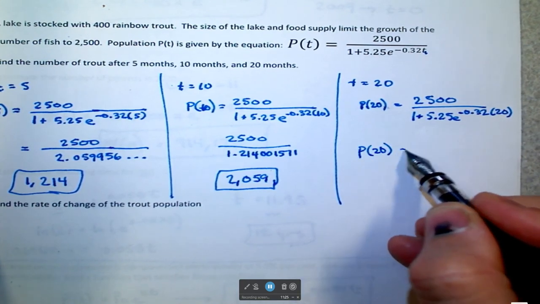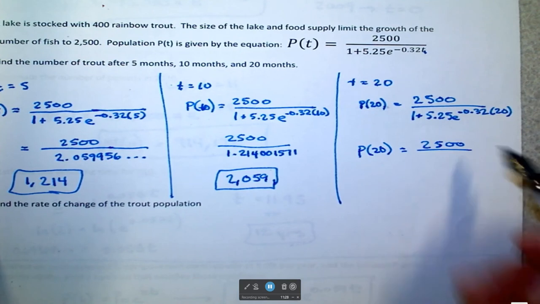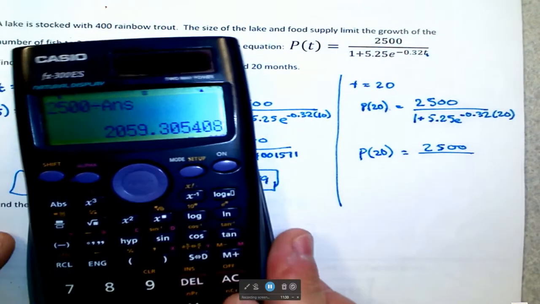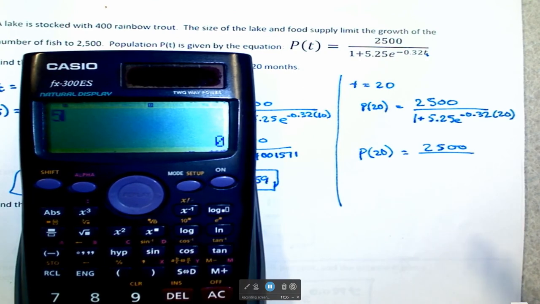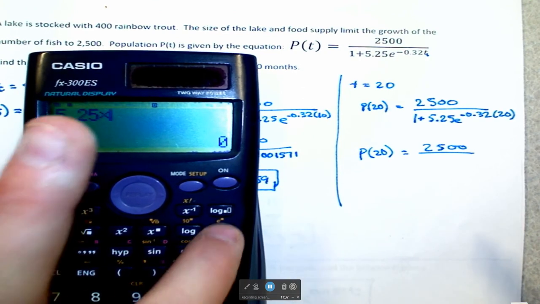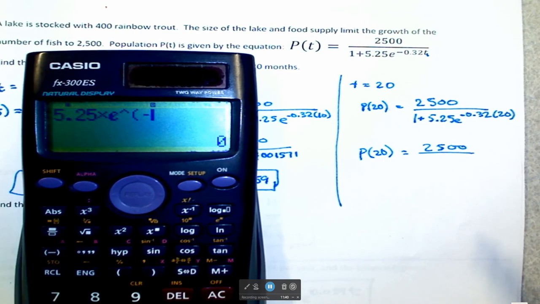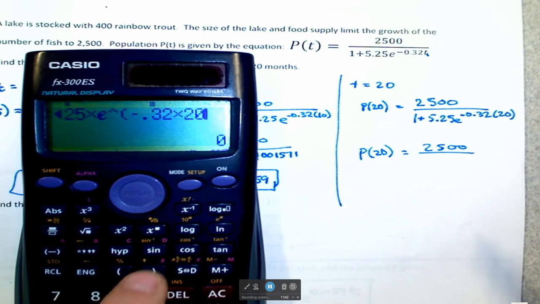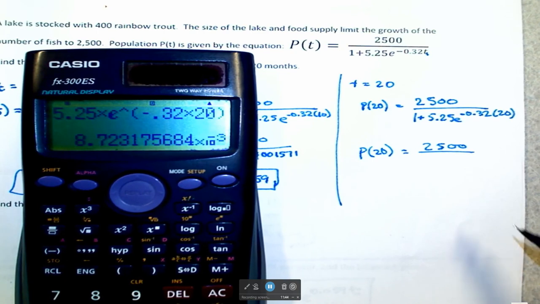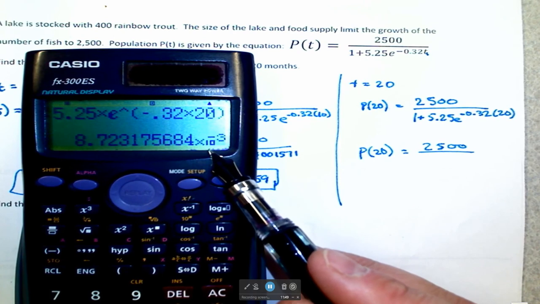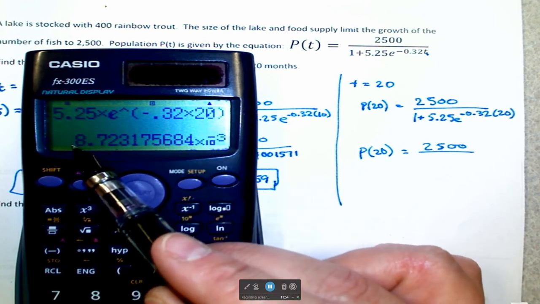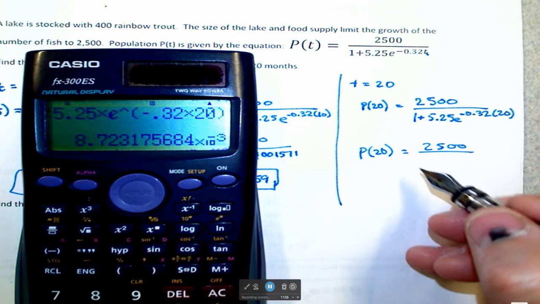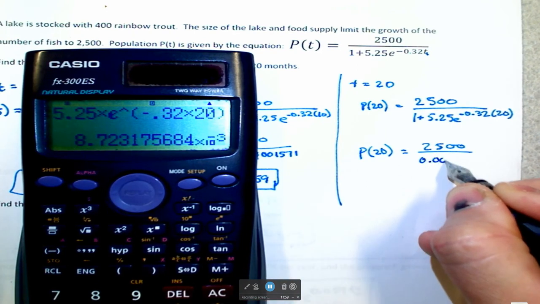So P of 20 equals, and let's see what this bottom number gives me. I'm actually going to type it in where you can see it this time. So I take 5.25 times e to the negative 0.32 times 20 and press enter, and I get scientific notation this time. You have to remember that the minus 3 just means to move the decimal 3 places to the left. So this will be 0.00.